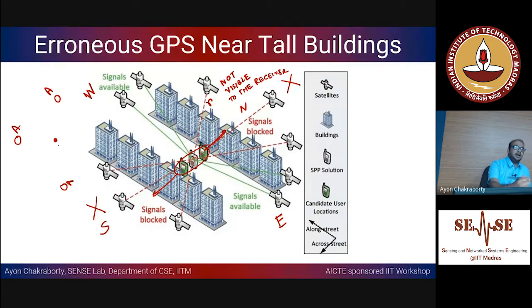It was doing a pretty good job. Although there could be errors, the optimization problem figured out that it will be somewhere here. Whereas if you keep the node here, it might actually have a much larger region of uncertainty.